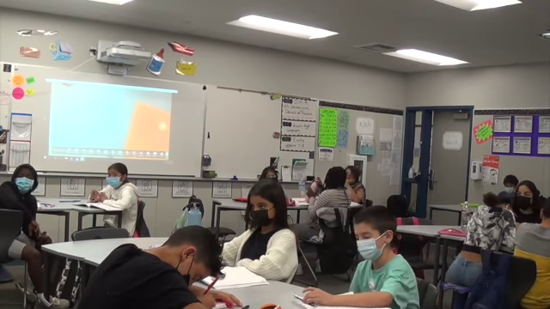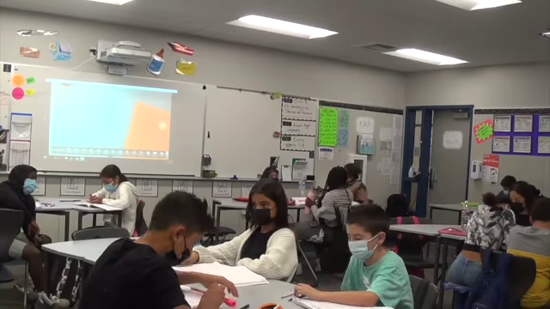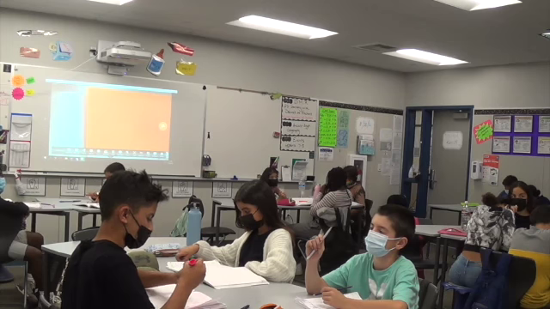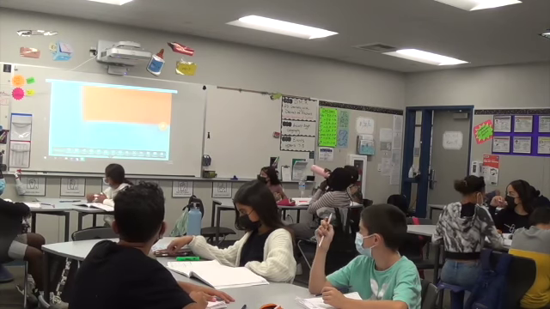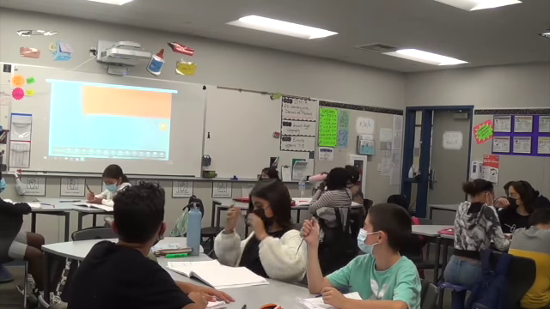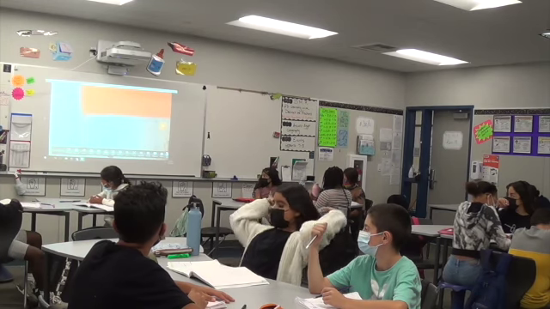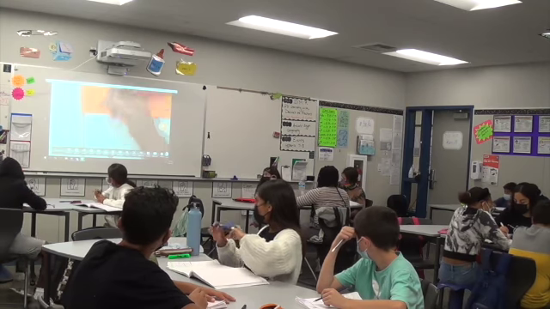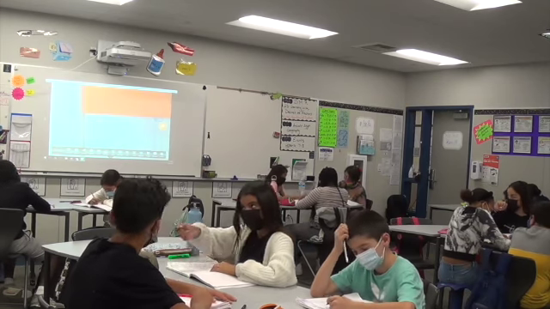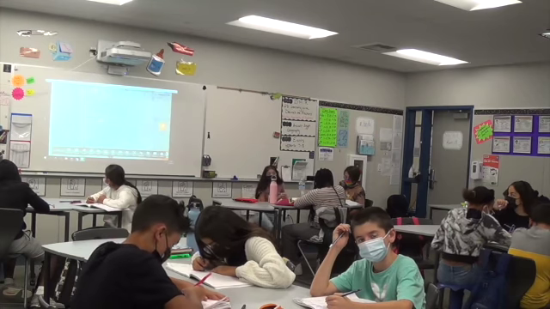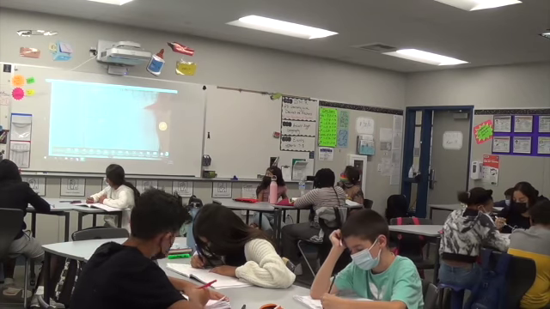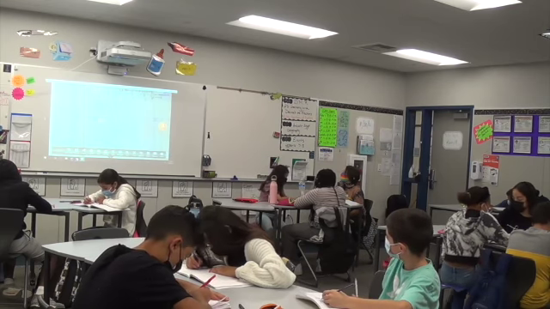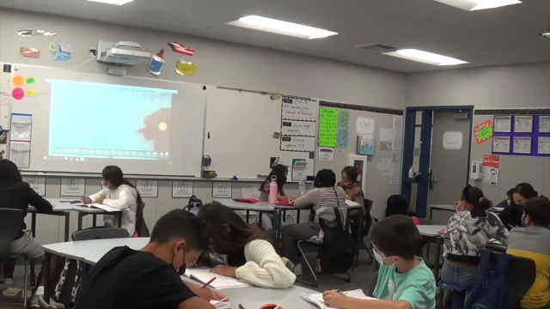Eyes and ears on? Give yourself a star if you wrote the question horizontally. Give yourself a star if you circled the tens on both. Give yourself a star if you wrote your question vertically.